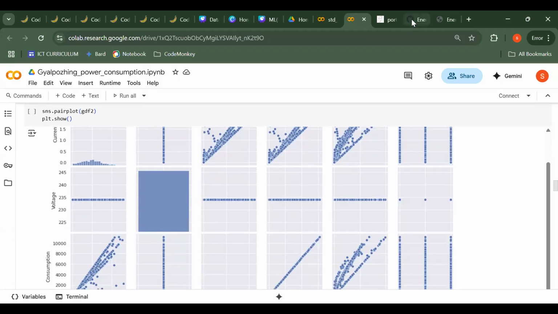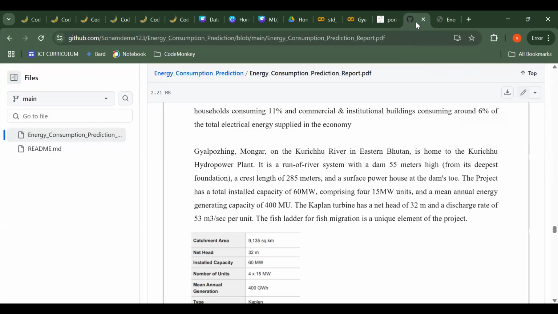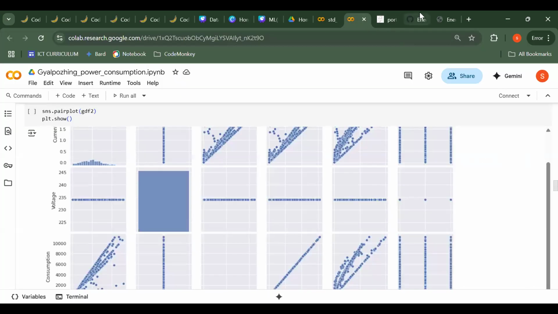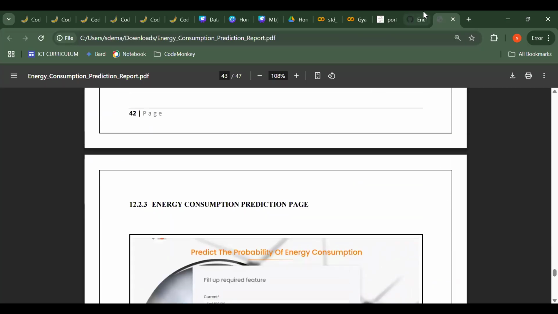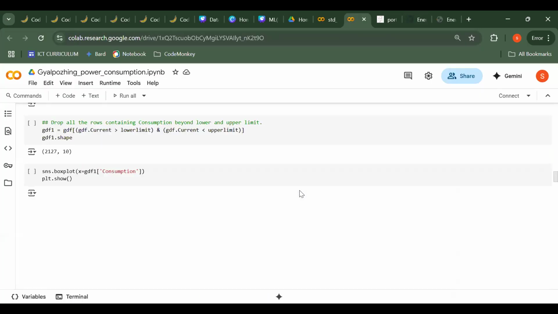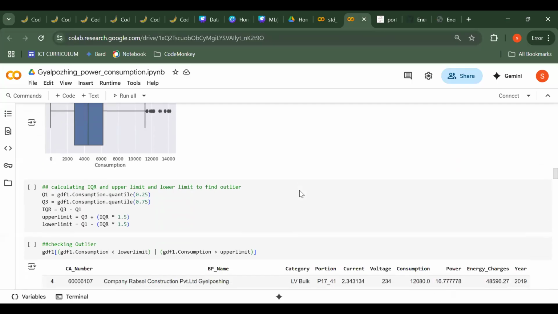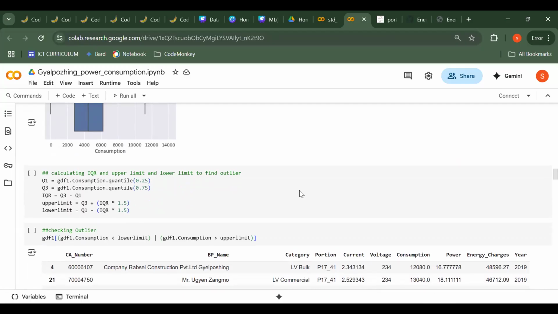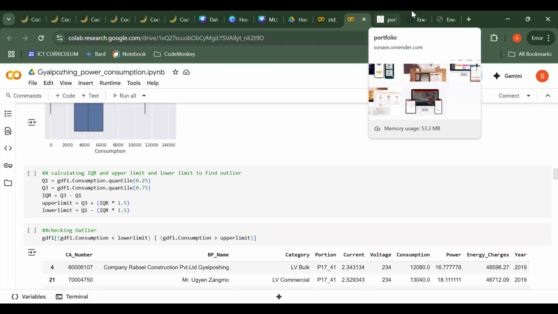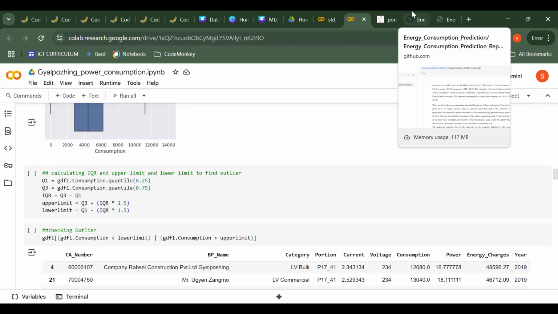So we can also integrate the prediction, and we can design a website. For those who are not knowing coding, machine learning, or data science, they can see whether the prediction is right or wrong.